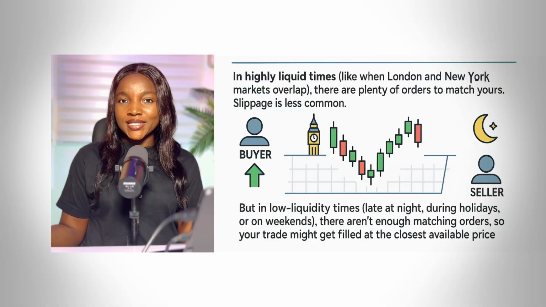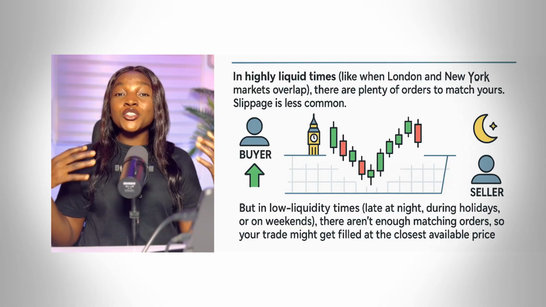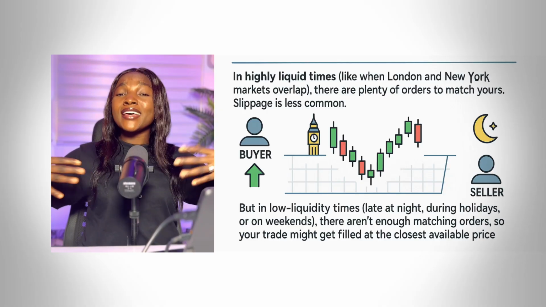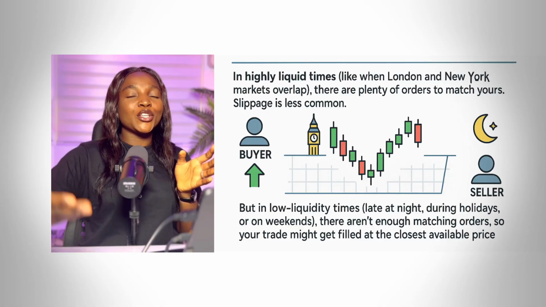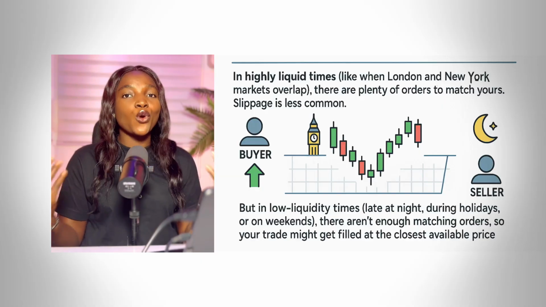Another reason why slippage happens is liquidity. Liquidity simply means how many buyers and sellers are active in the market at a given time. During periods of high liquidity, like the beginning of the London or the New York session, there are so many orders that match your own, and slippage is less common.